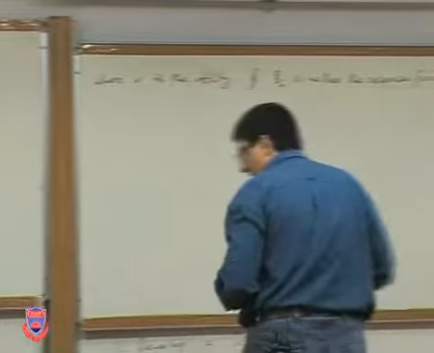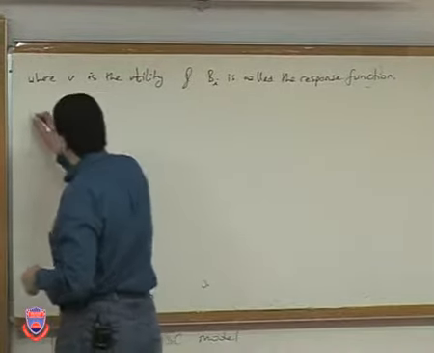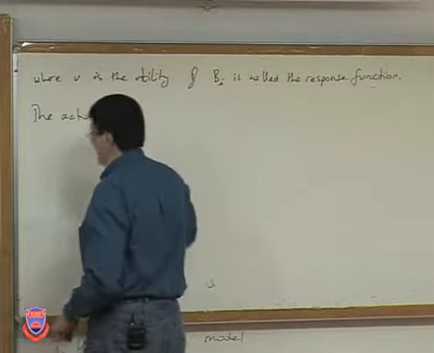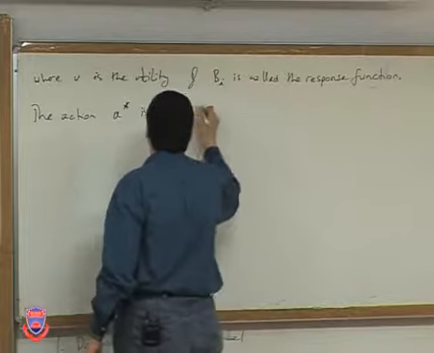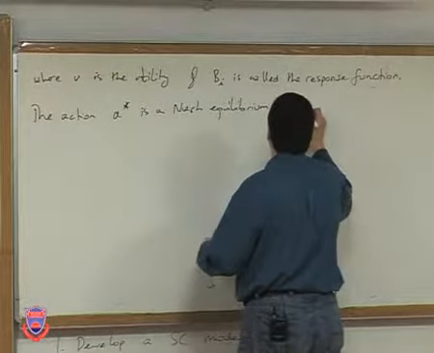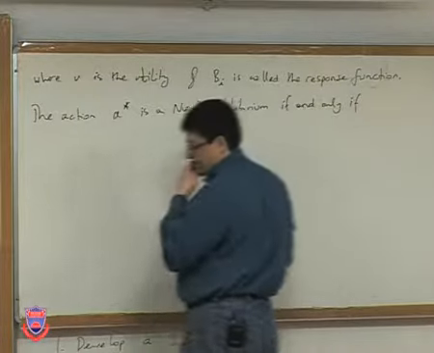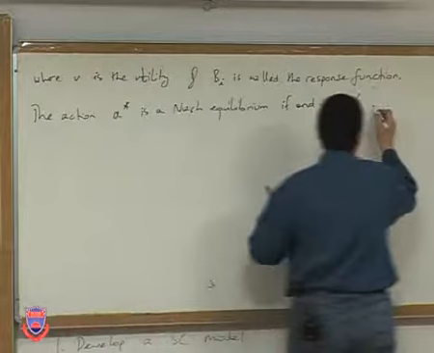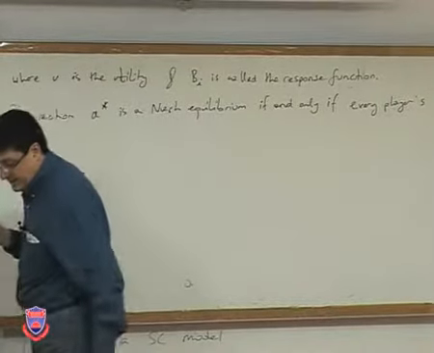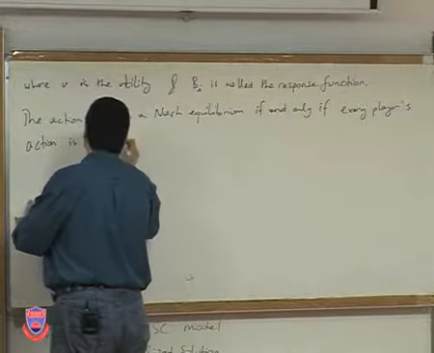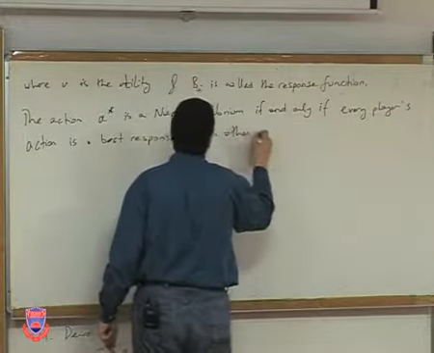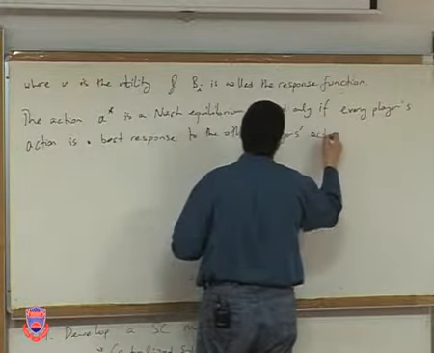So what will happen is that if I call the action a star a Nash equilibrium, if and only if every player's action is a best response to the other players' actions.